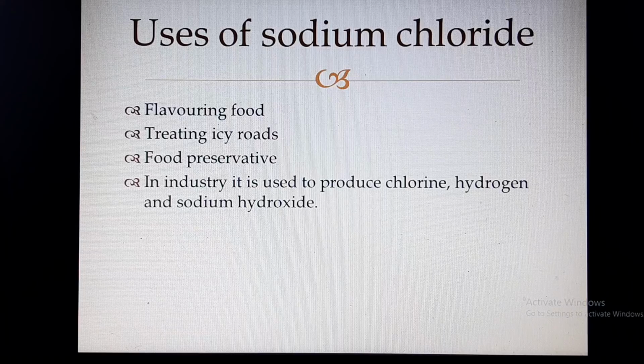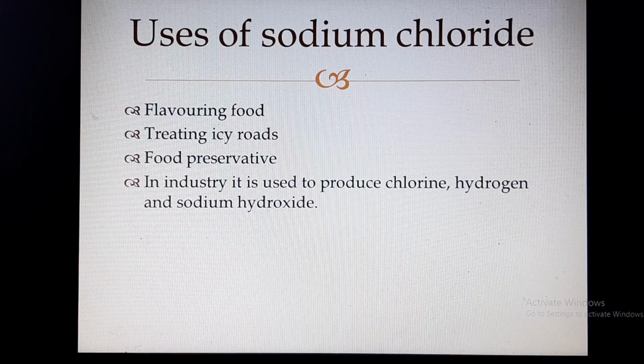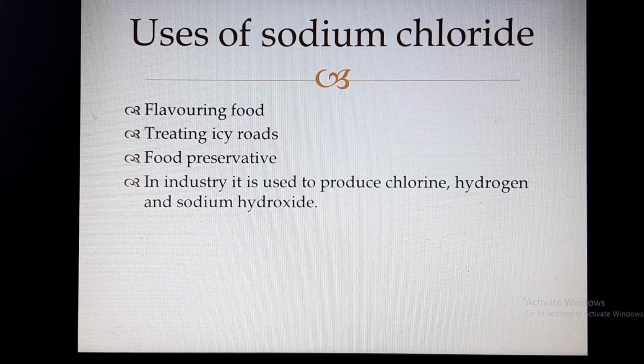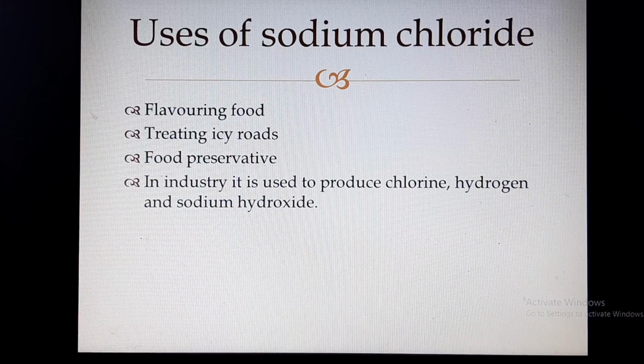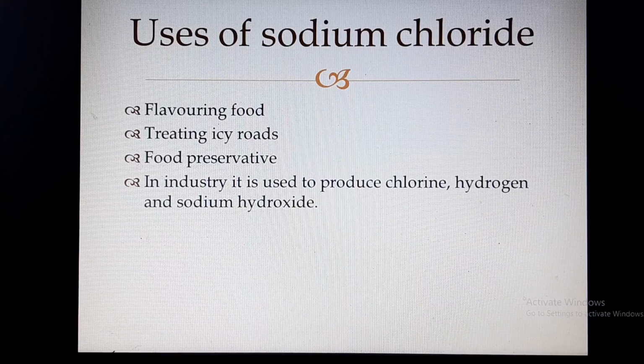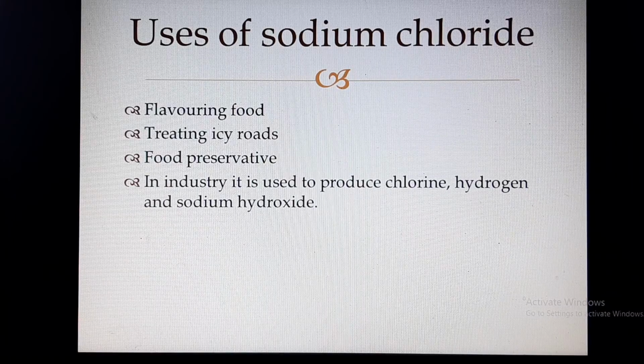And the third use is food preservative. To preserve food, we need sodium chloride. It will be long lasting. The last use is an industrial use. Sodium chloride also can be used in industry for the manufacture of chlorine, hydrogen and sodium hydroxide.